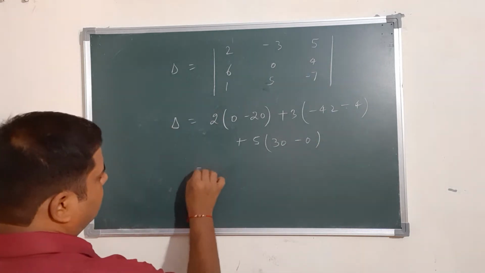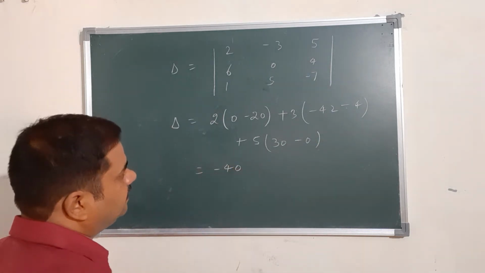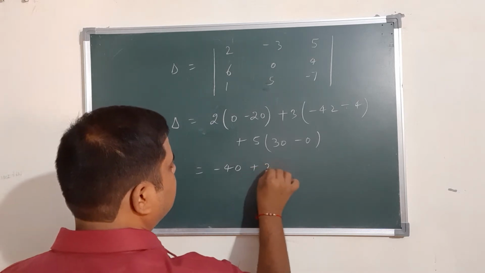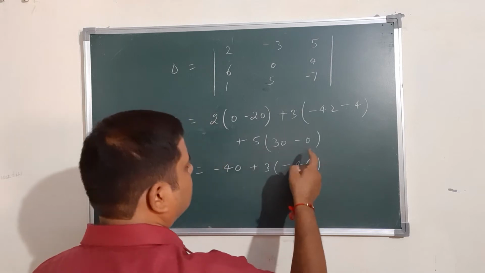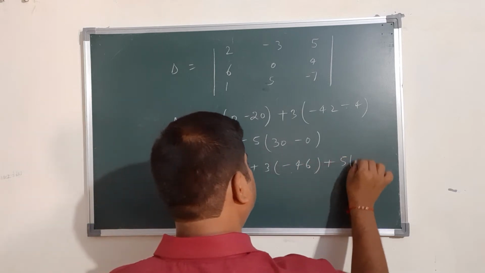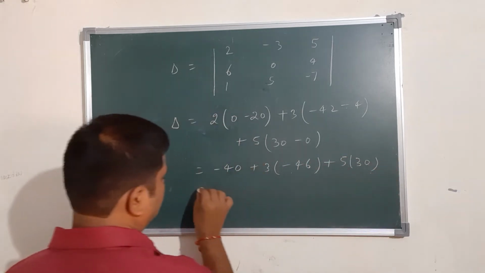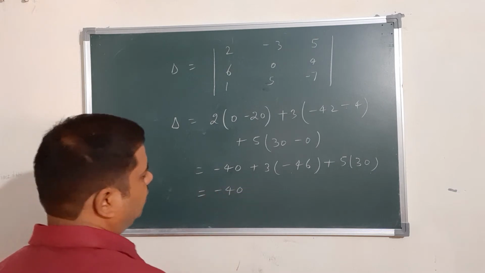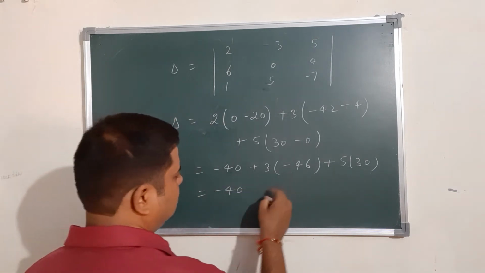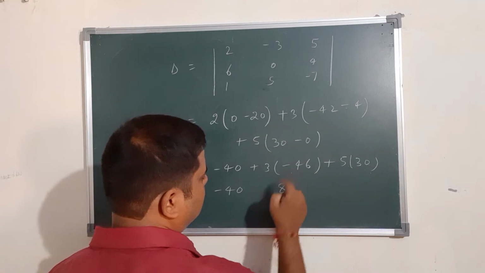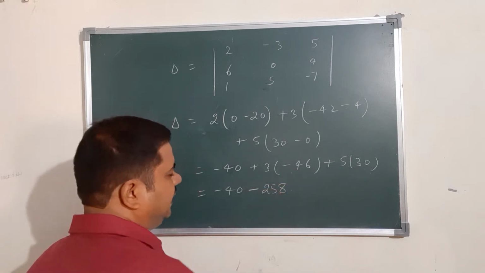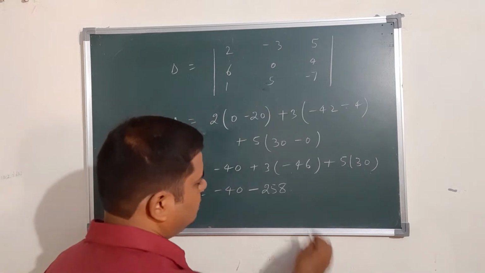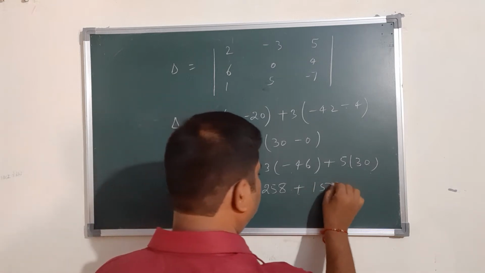So 2 into minus 20, plus 3 into minus 46, plus 5 into 30, this is minus 40 and this is 3 6s are 18, 3 4s are 12, and 130, that means minus 40 minus 138 plus 150.